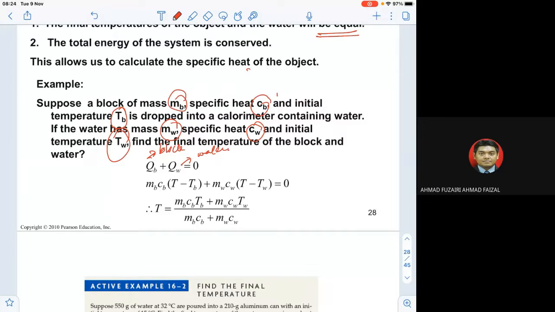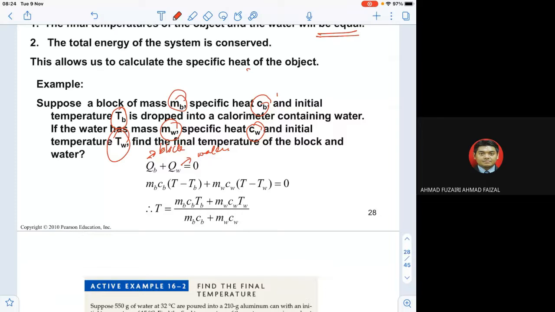Remember the conservation of energy. The quantity of energy of the block and the quantity of energy of the water, if you add them, will become zero, because of the conservation of energy.